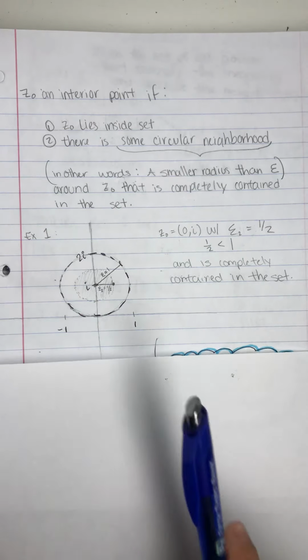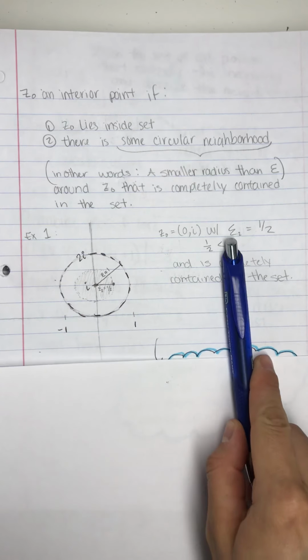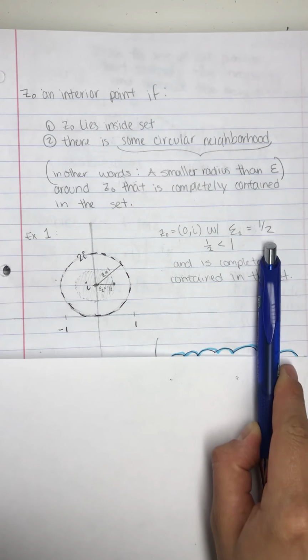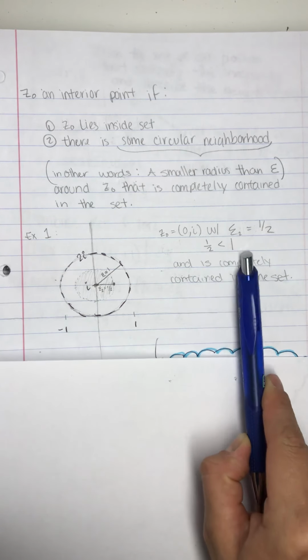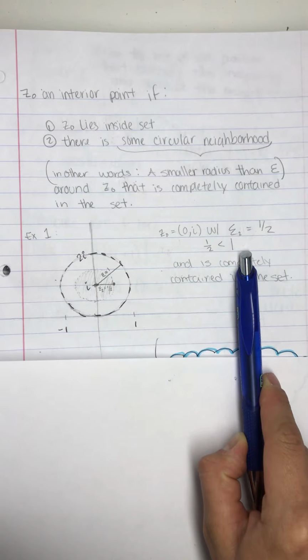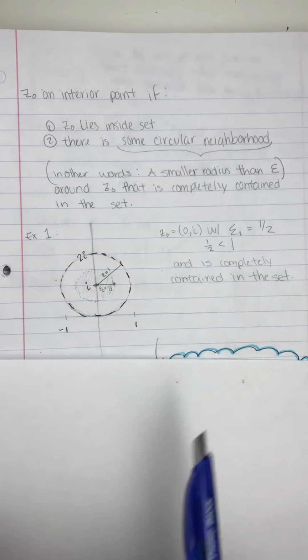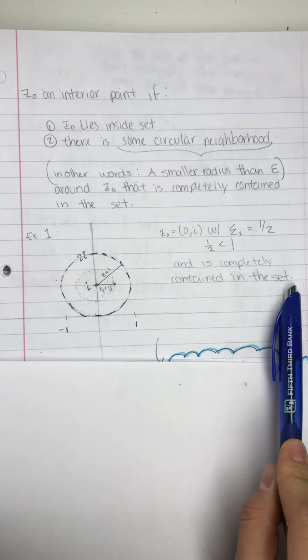And if we choose another epsilon, I named it E sub 2 to equal 1/2. Well, 1/2 is less than 1. So right there is a smaller radius than E. And it is completely contained in the set.